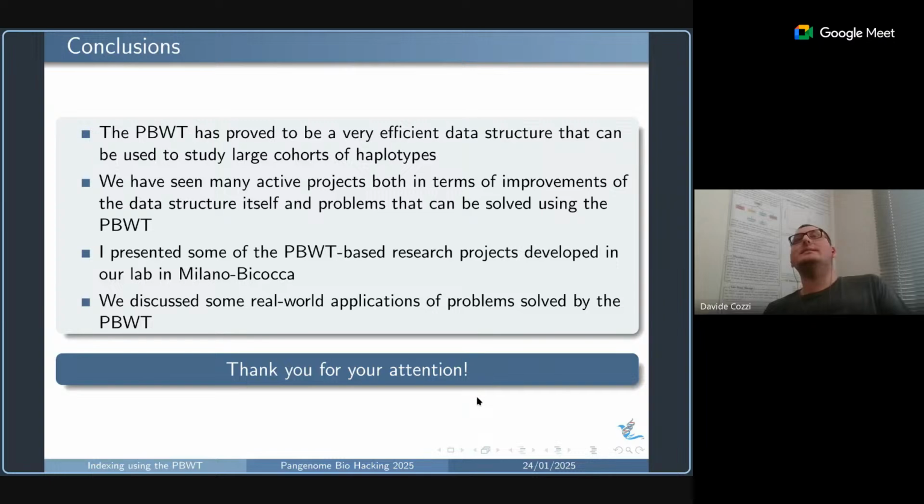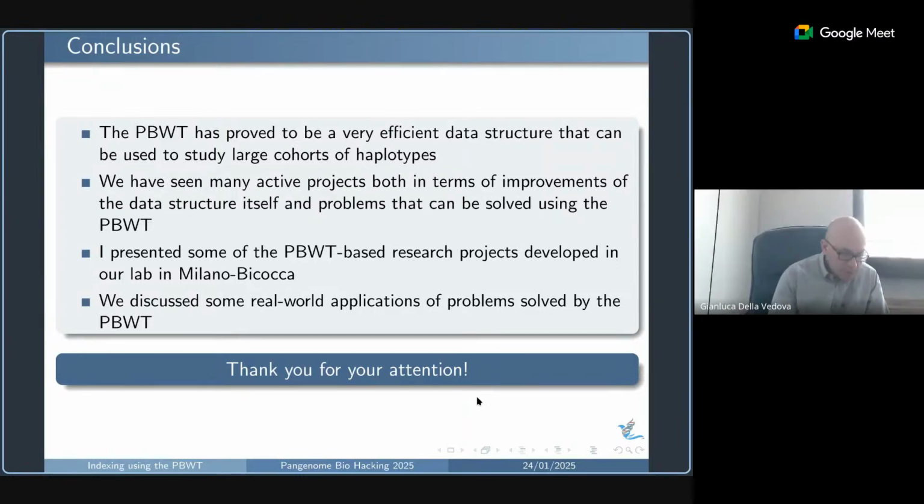On the other hand, we have been obtaining much more data just in the last few years, and the PWT was developed just 10 years ago. So probably we need some time to make this data structure also suitable for biologists and less for theoreticians, so that more people use it. I don't know, honestly. This is my suspicion.